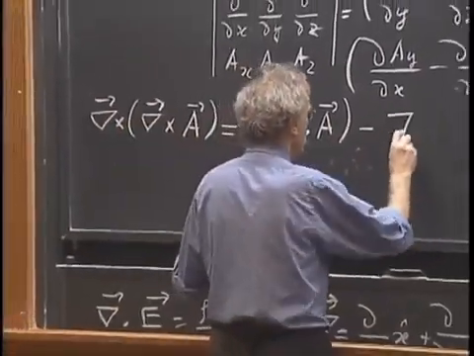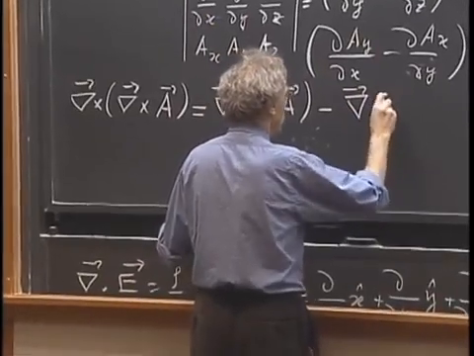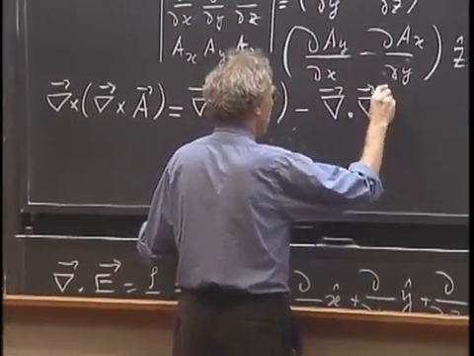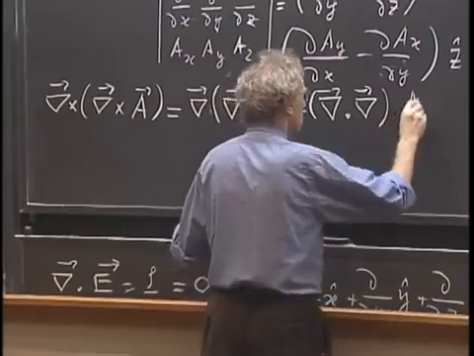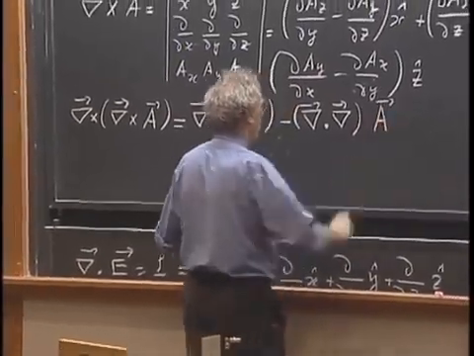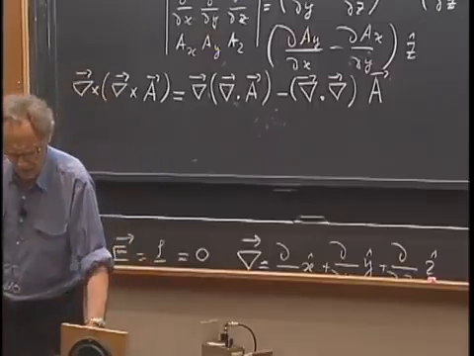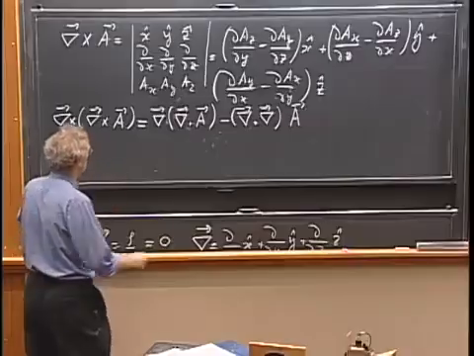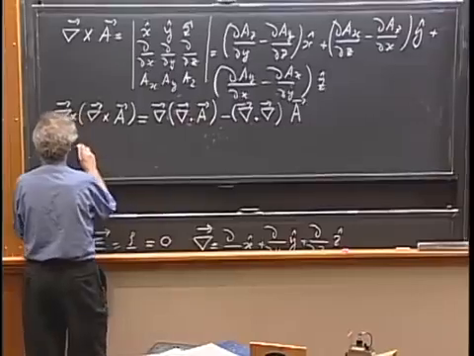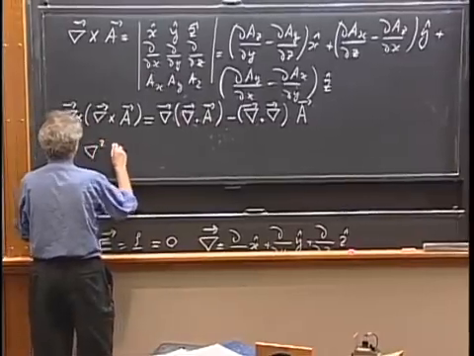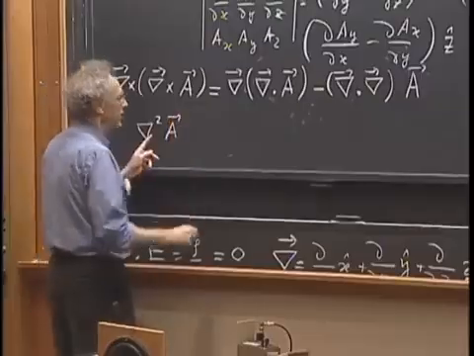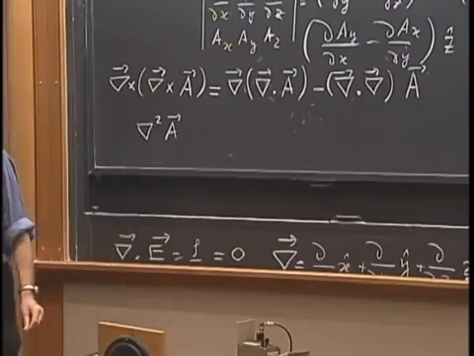minus del dot del vector A. And this we often write as simply del squared. So for this we write del square of A, and this is also called the Laplacian.